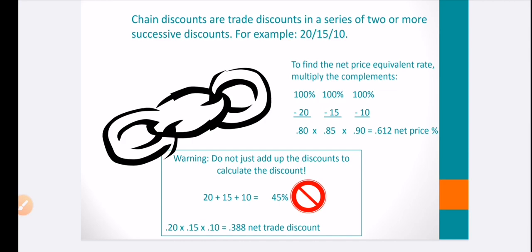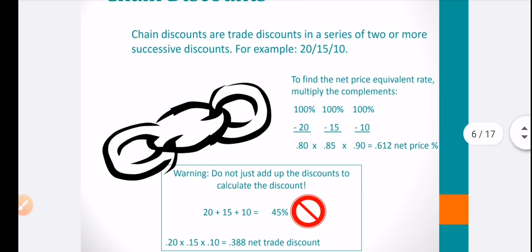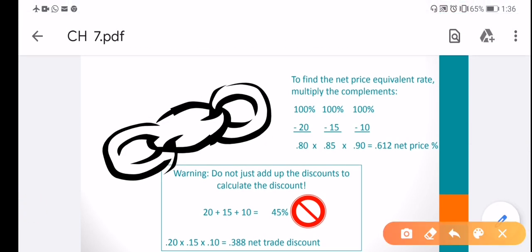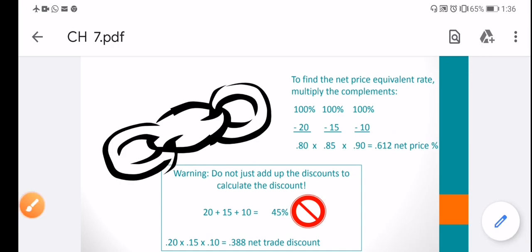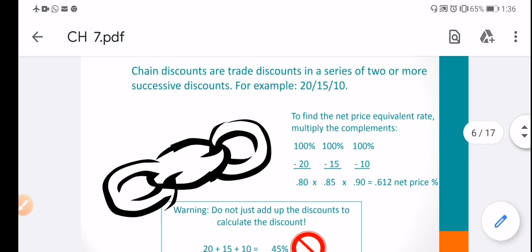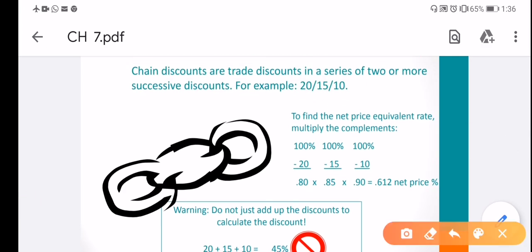So for this example, we have this chain discount, 20%, 15%, and 10%. We first take the complement of each.